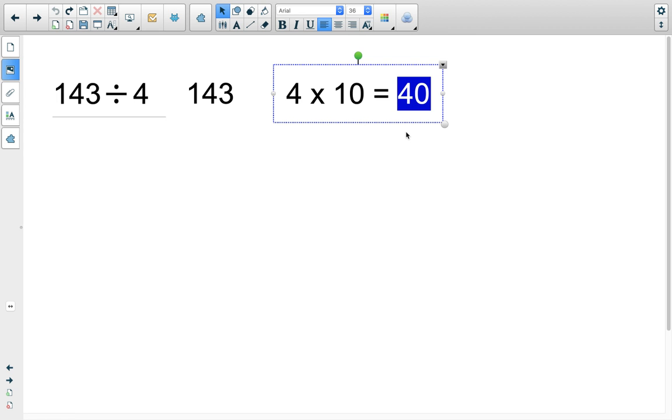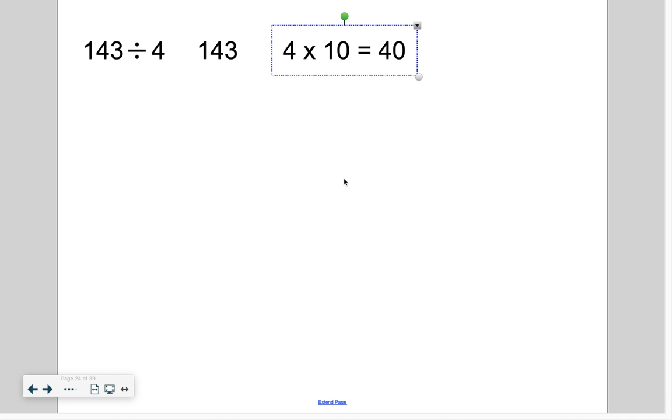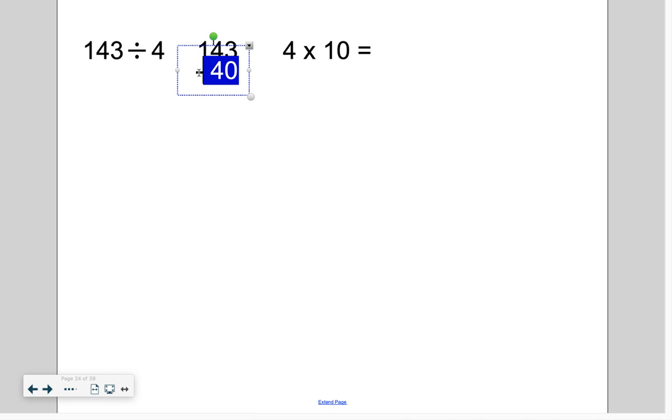Maybe I'll just copy it. Let's try this again. There it is. I'm going to move it over here, and I'm going to subtract this to see how much I have left. So 140, and we can do that math question pretty easily.